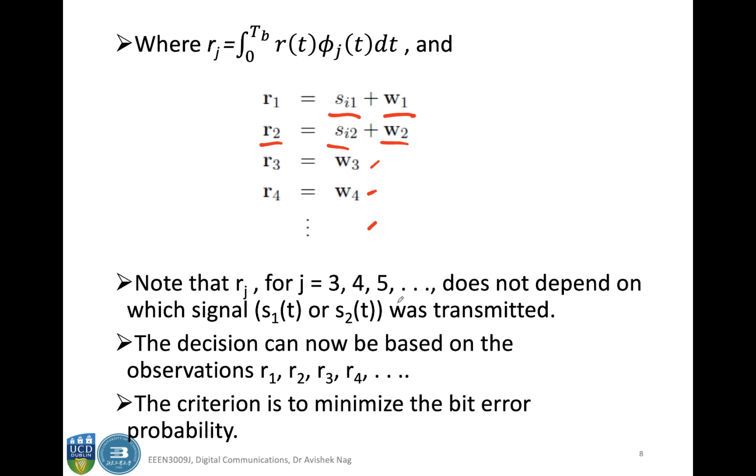Given that your received signal can be expressed as a combination of these components r1, r2, r3, r4, etc., you can observe these variables and make a decision based on these observations.